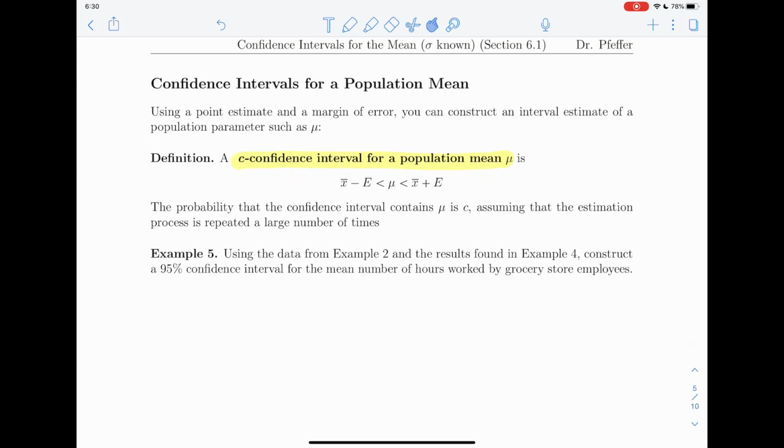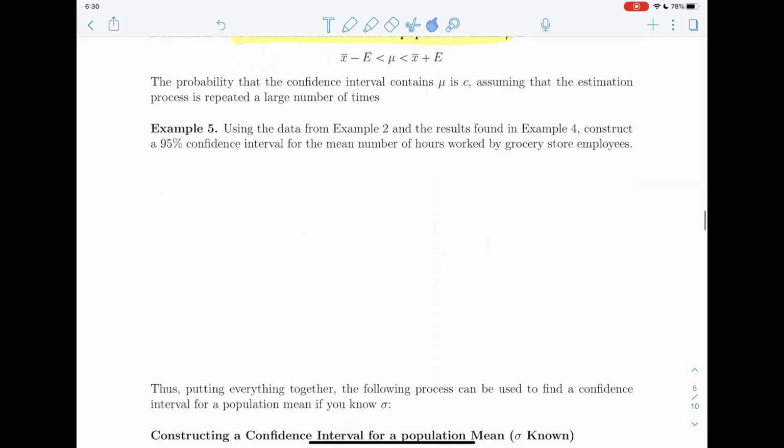So if we keep using our same example and import the data from example 2 and the margin of error we got from example 4, we can construct a 95% confidence interval for the mean number of hours worked by the grocery store employees.